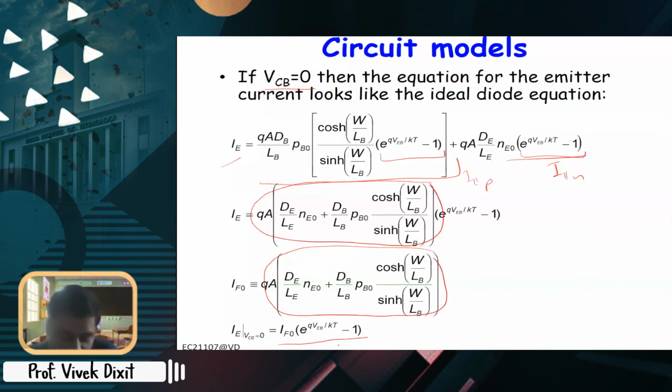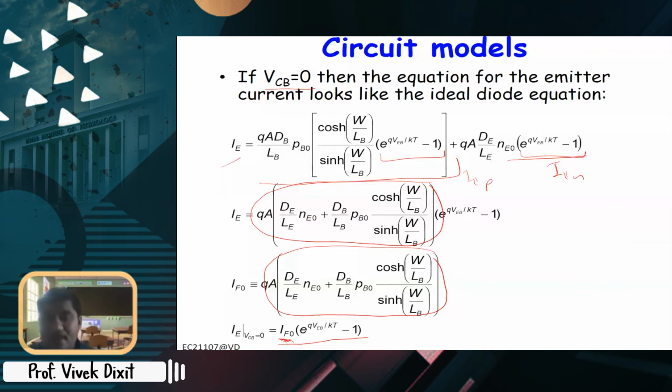So instead of carrying on the whole thing, we can define IF naught, the saturation current for forward bias, which is related to the diffusion lengths, the minority carrier concentration, and this term coth of W by LV. So we will not carry on this whole expression. Let us carry only IF naught.